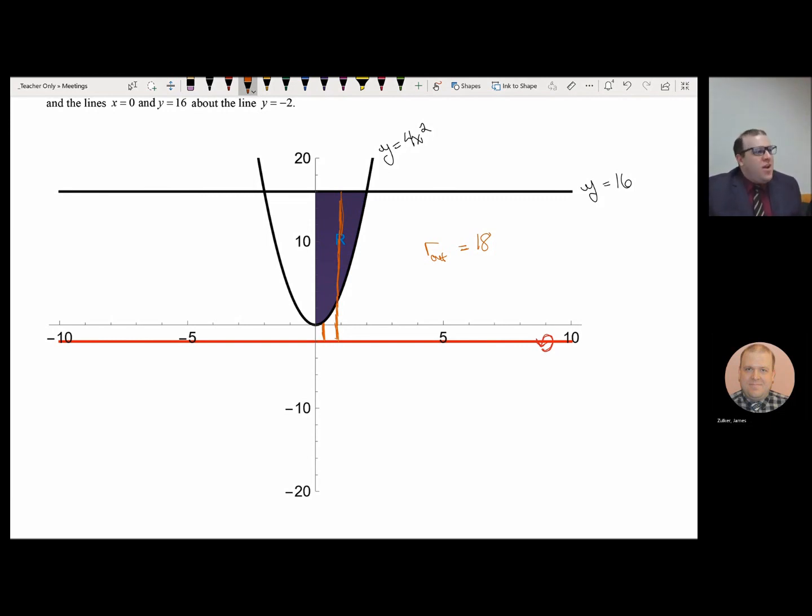With the graph, it is much more obvious that you add 2 to it. What about the inner radius?